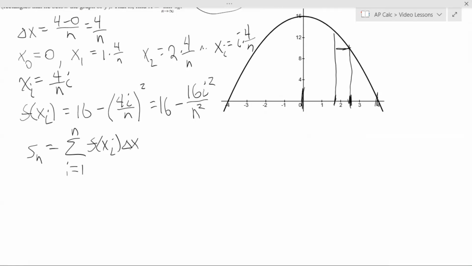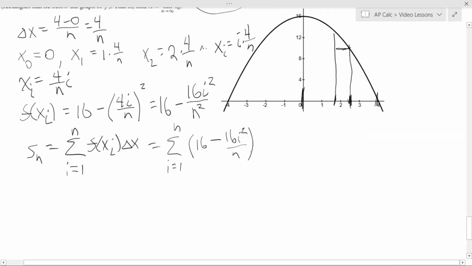Since all the subintervals are the same width, we can use the width that we got, which was 4 over n. So we can rewrite this as the sum i equals 1 to n of f of xi, which is 16 minus 16i squared over n squared, times delta x, which was 4 over n.